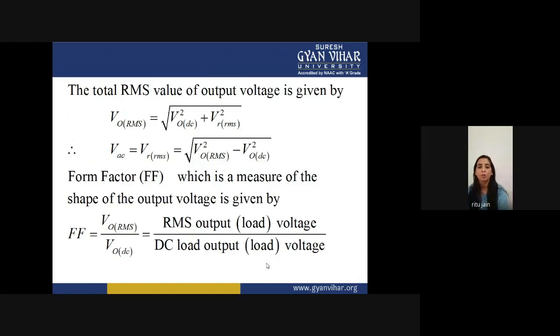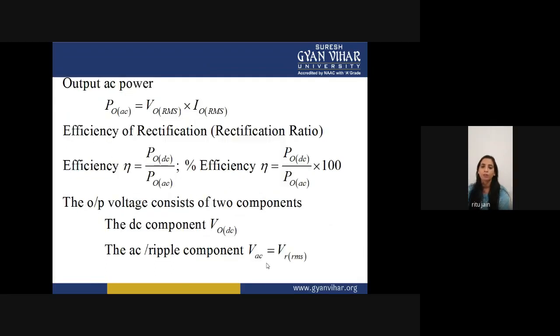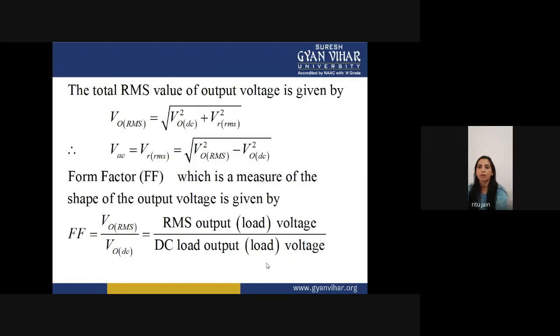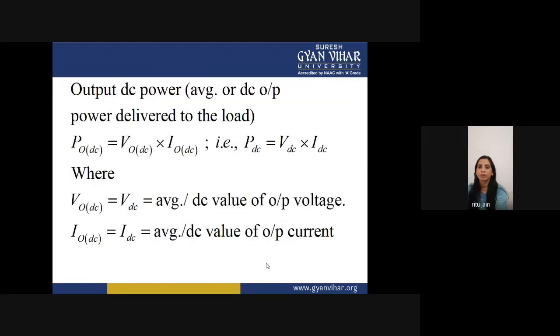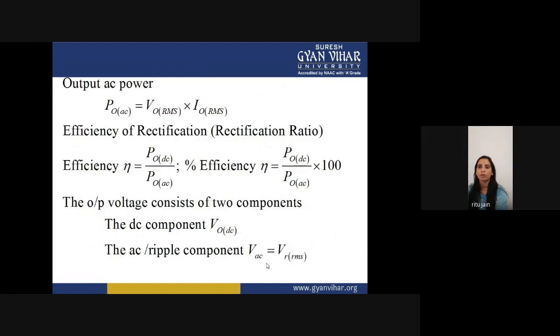The output voltage or current which we are getting from the rectifier has some AC component also. That's why we took two different formulas: one was your AC output voltage and another was your DC output voltage. So P output AC is equal to V naught RMS into I naught RMS.